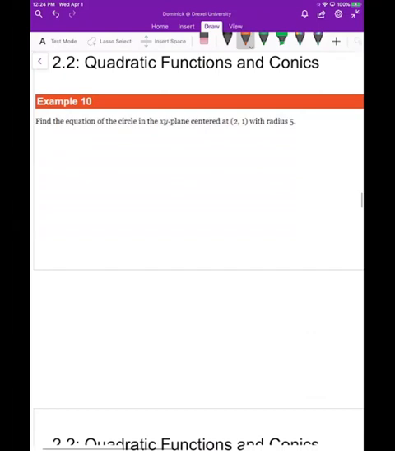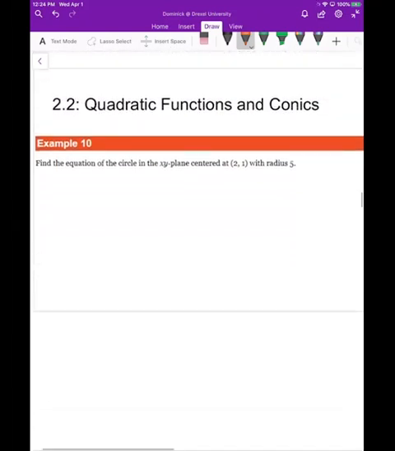Okay, let's look at another example. So same idea. We're centered at 2, 1, which again is like h comma k, and our radius is 5, so that's r equals 5. So plugging into the formula, we should get (x minus h), so x minus 2 squared, plus (y minus k), so y minus 1 squared, is equal to 5 squared.